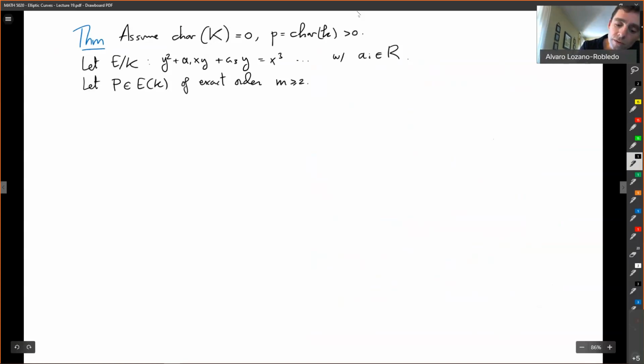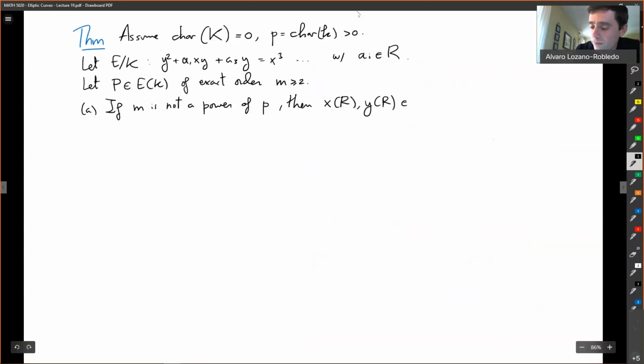First of all, this is also about the integrality of the coordinates. It turns out that if m is not a power of p, then the coordinates of your point are integral. Okay, so no p in the denominator.